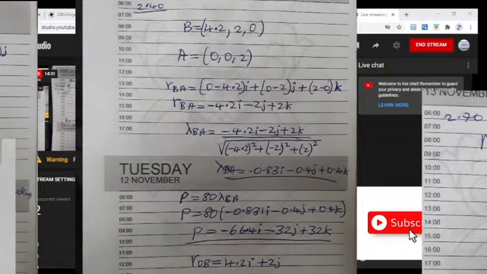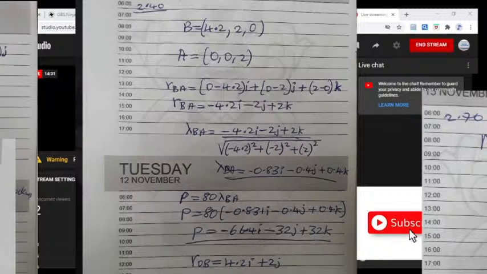2.4, if you check very well, we have our coordinates. The coordinates of B are 4, 2, then 2 and 0. Then the coordinates of A are 0, 0 and 2. Then we have to find R for BA, the combination of AB or BA.